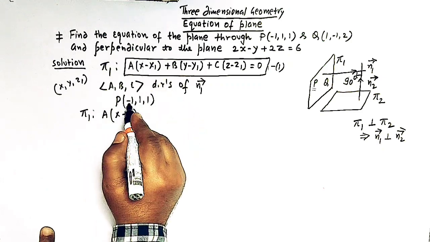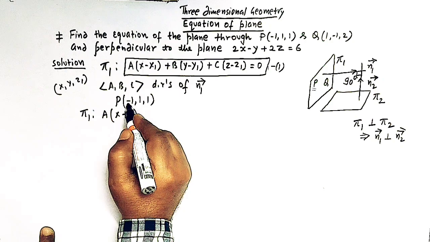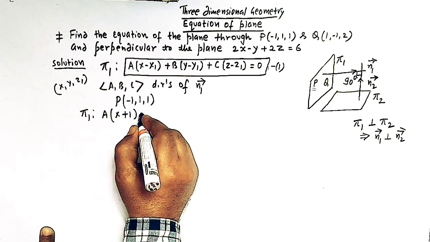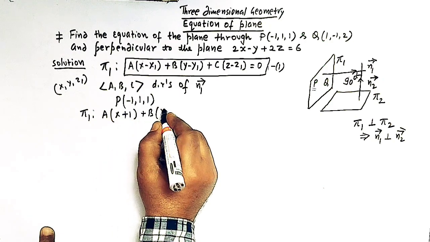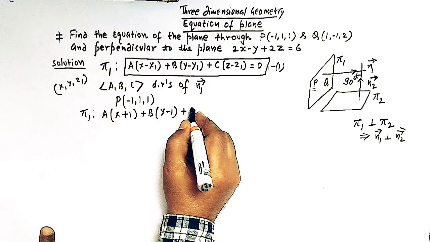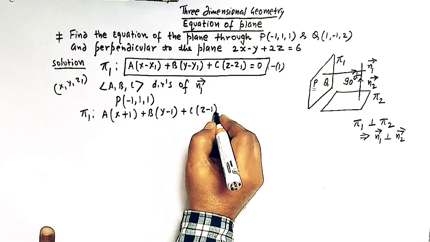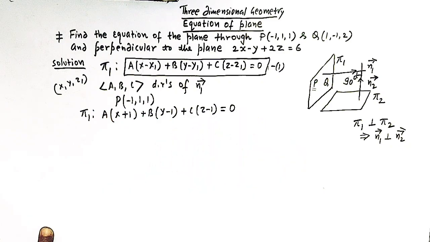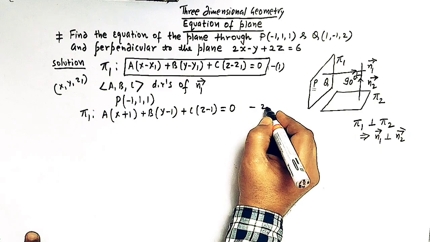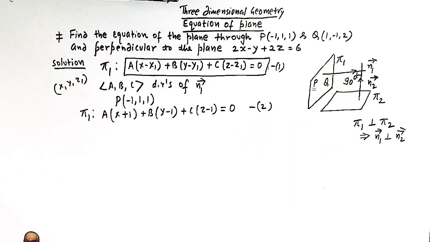Here we take x1 as -1, so minus and minus becomes plus, and then we have b(y - 1), and then c(z - 1), and this is equal to 0, right? So this is our equation number 2.